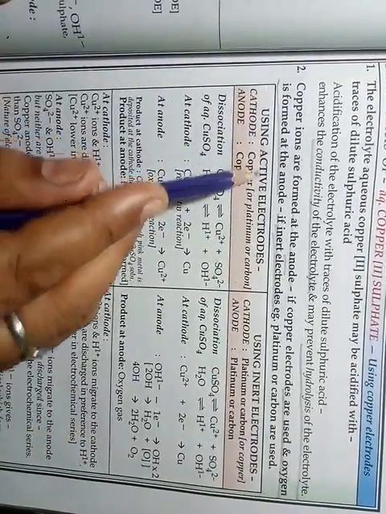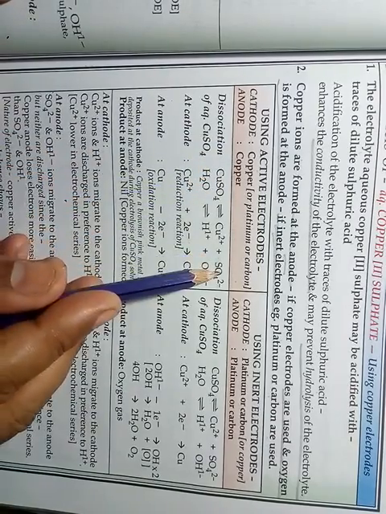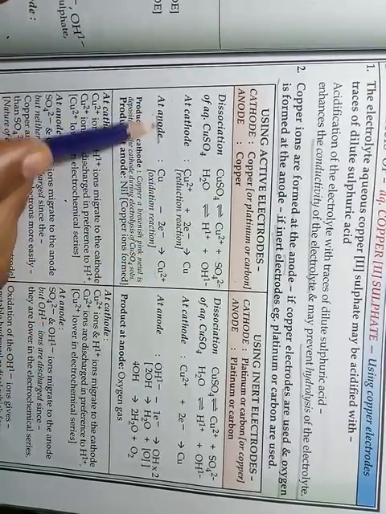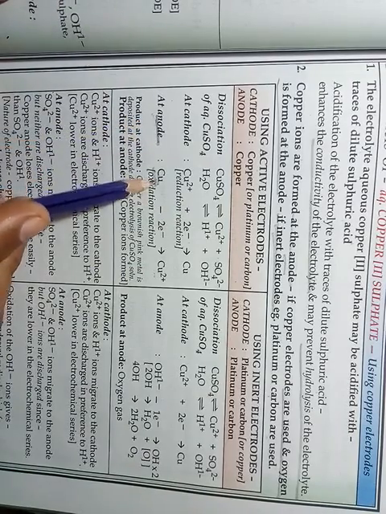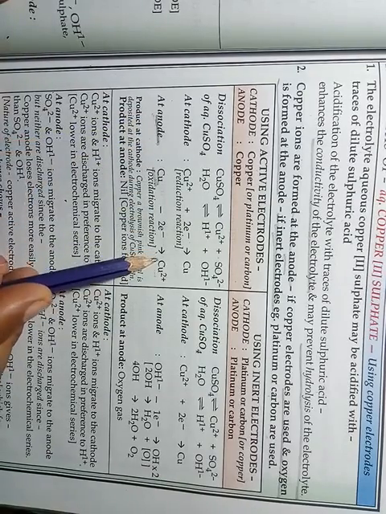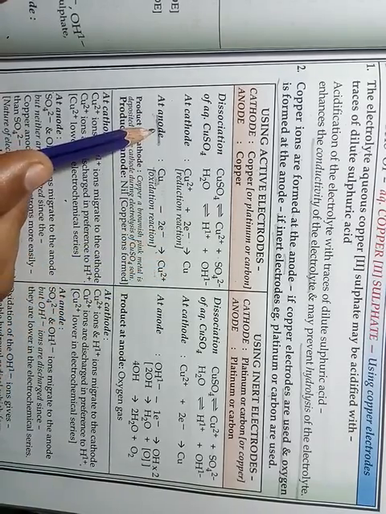So using active electrodes, when copper sulfate dissociates, at the anode copper ions will be produced. The anode is taking part itself, so there will be no discharge of negative ions at the anode.